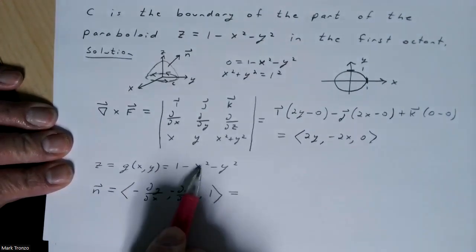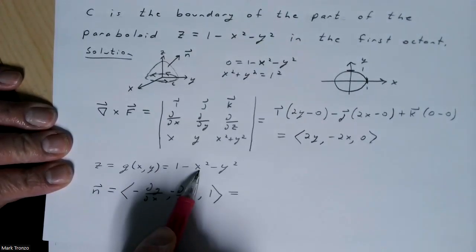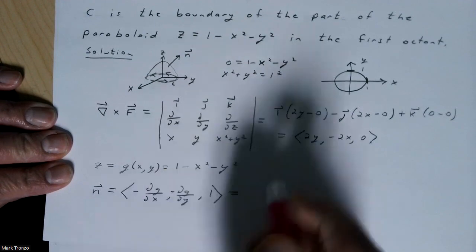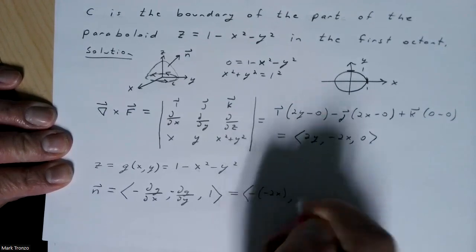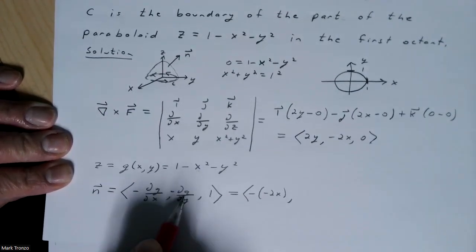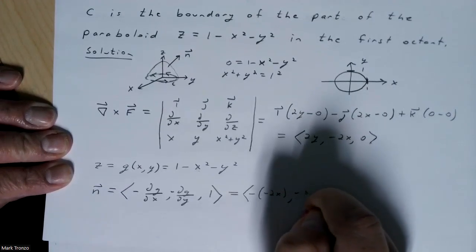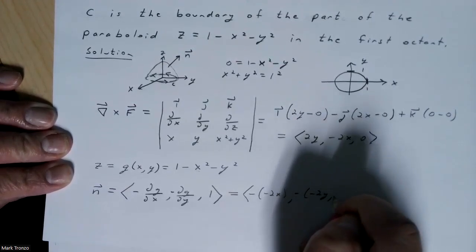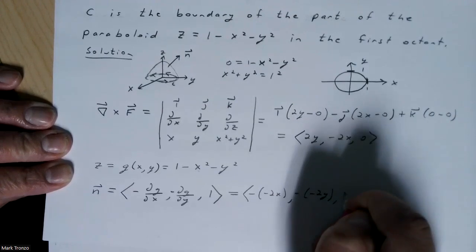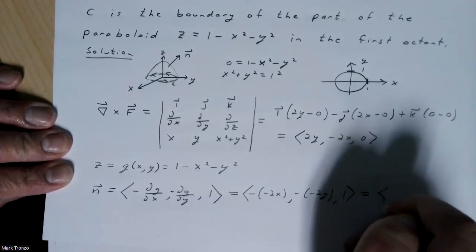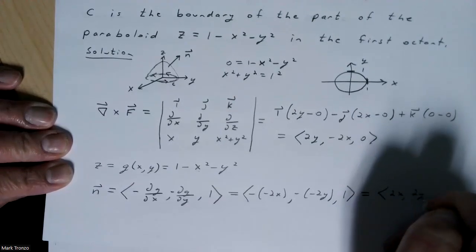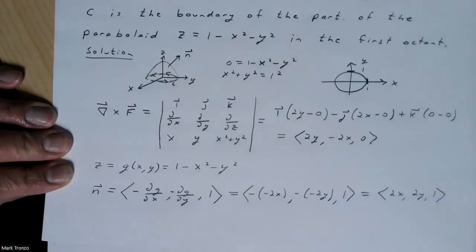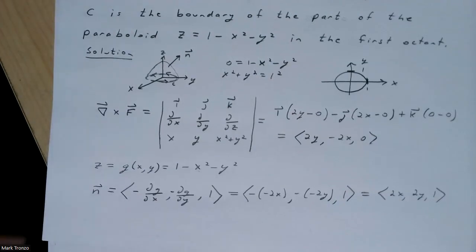In this case, dg dx will be negative 2x, but we take the negative of that. The derivative with respect to y is negative 2y, and we take the negative of that, and 1, which is going to be 2x, 2y, and 1. That's going to be our normal vector.